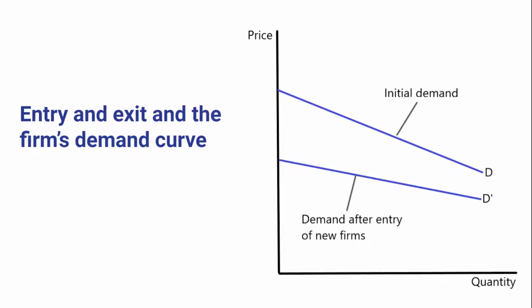An interesting result that we can note is that as the number of firms in the market tends towards infinity, the demand curve will tend towards a perfectly elastic demand curve. So in a sense, the perfectly competitive market model is a limiting case of monopolistic competition that occurs only as the number of firms tends towards infinity.